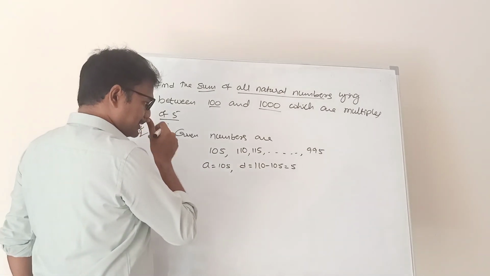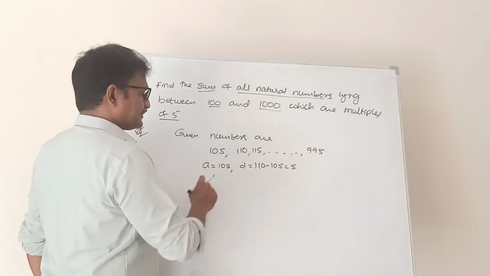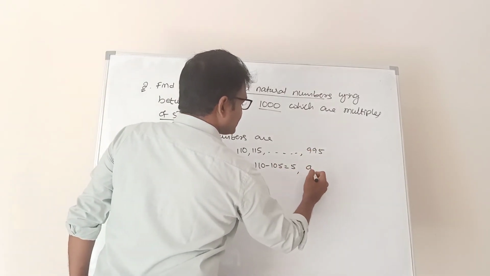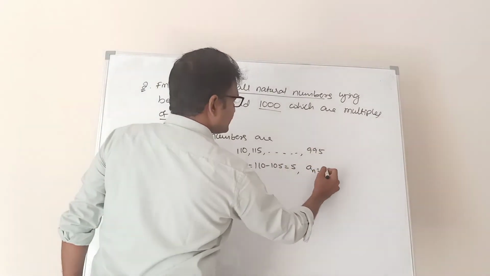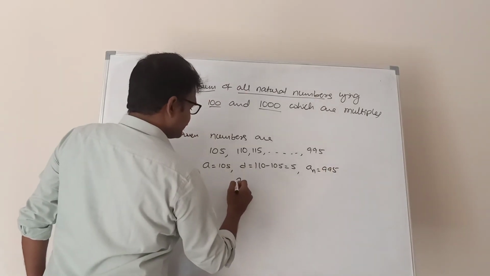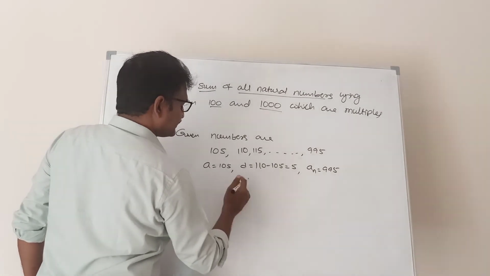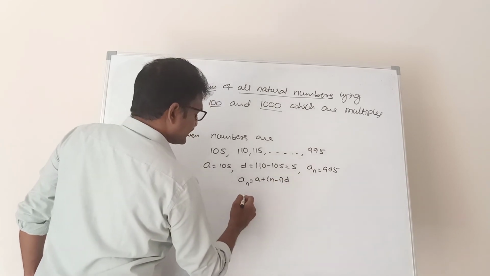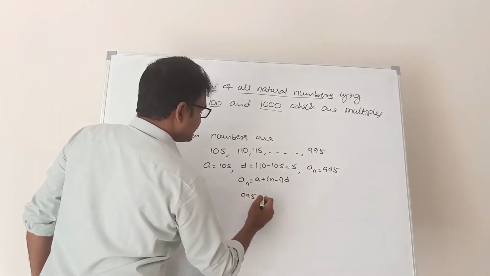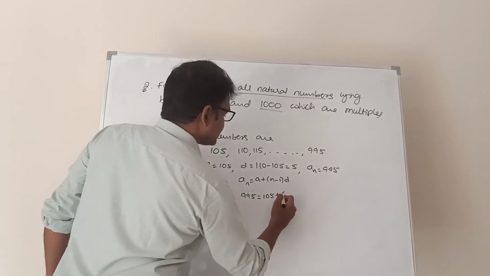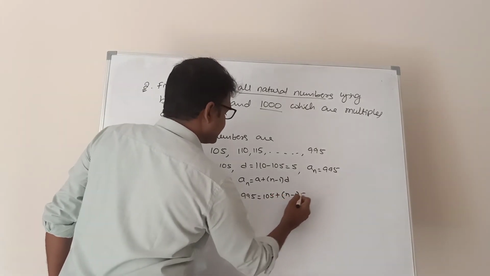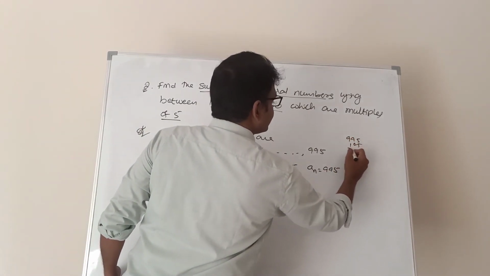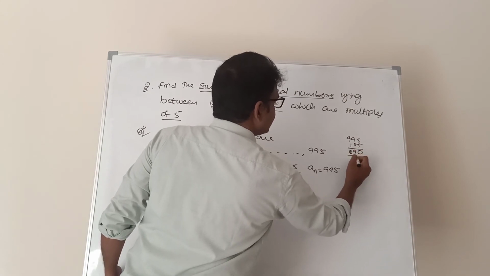To know how many numbers are there between these two numbers, we should use the nth term formula. What is the nth term? A n, the last term. The nth term means nothing but the last term, which is 995. The nth term formula is a n is equal to a plus n minus 1 into d. So 995 is equal to 105 plus n minus 1 into 5. 995 minus 105 is 890.